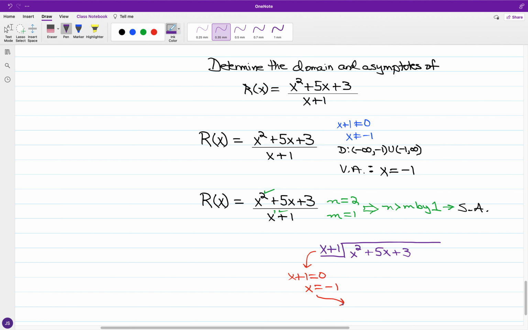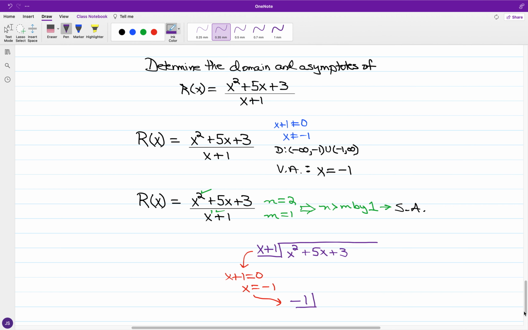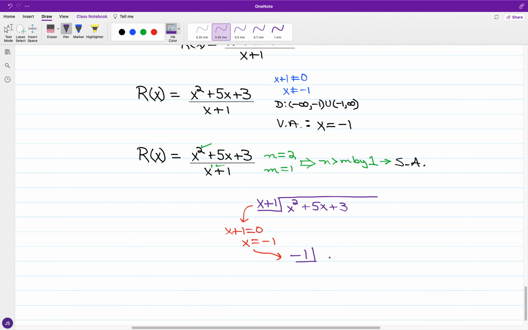So by synthetic division, let's have x at negative 1, and for the coefficients of the dividend, I have 1 for x squared, 5 for x, and 3 for the constant.